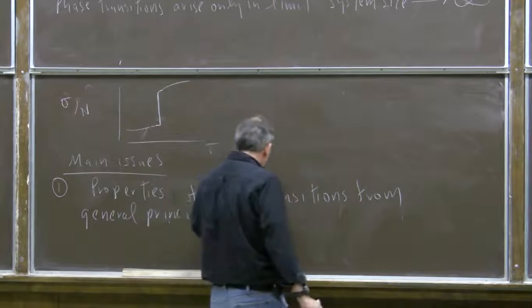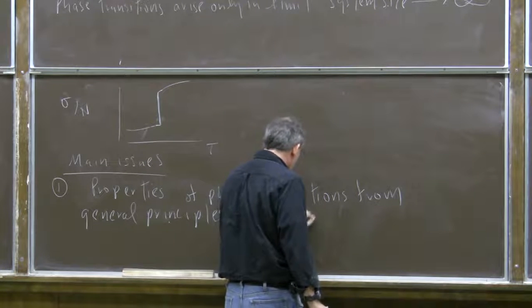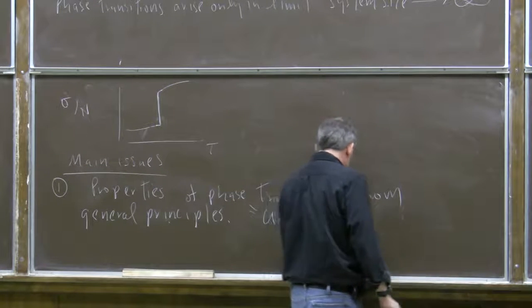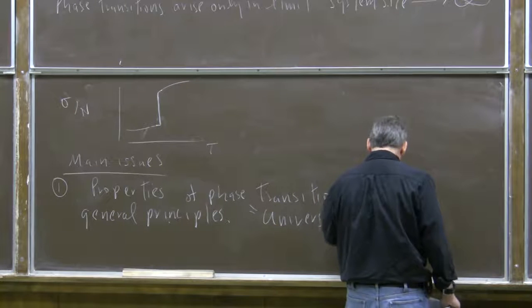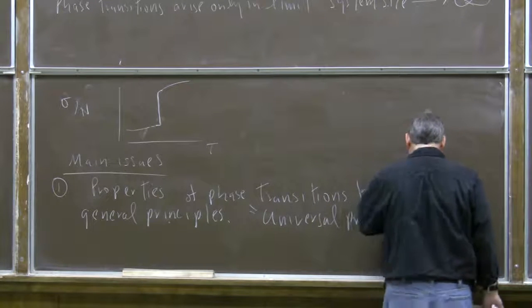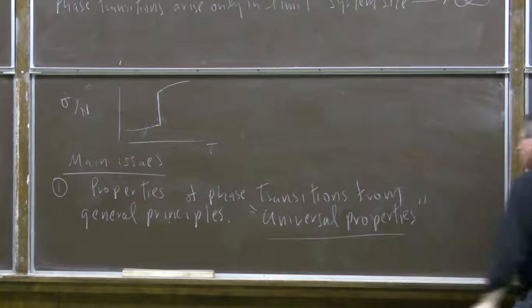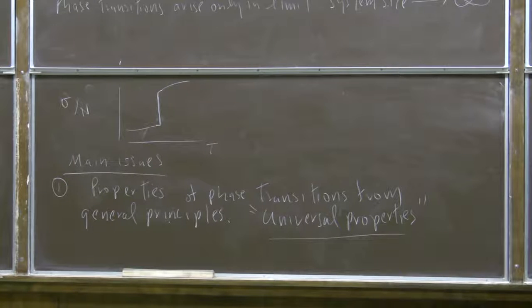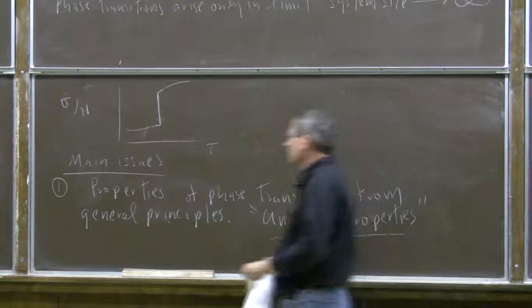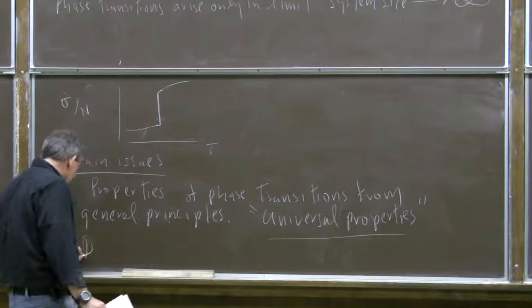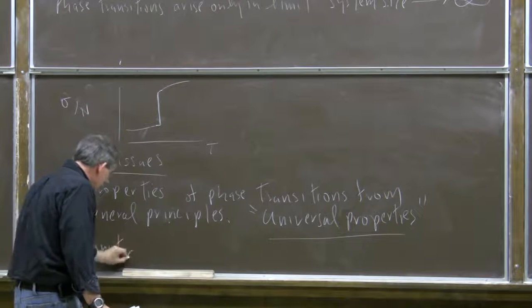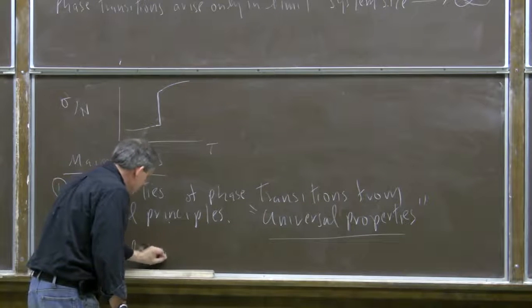So we usually speak of universal properties. The properties of the phase transition that are shared by many different phase transitions, many different materials, many different kinds of discontinuous behavior. That's what I mean by universal. So things that don't depend on microscopic details.